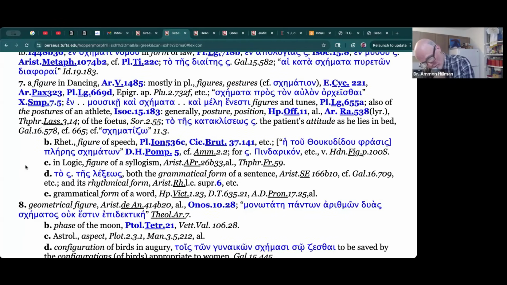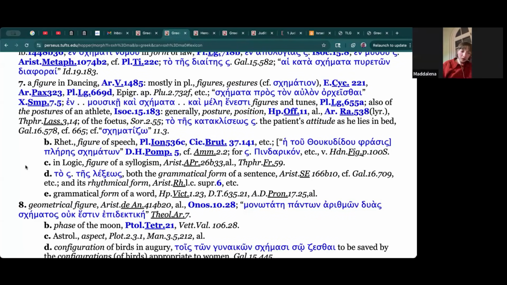Look at the present general. What kind of temporal conjunctions do you use? You use epean, after, when, or whenever, plus an aorist subjunctive. See how all of a sudden, you're not going to be able to do the tenses all that easily, right? You've got to think about which one this is.